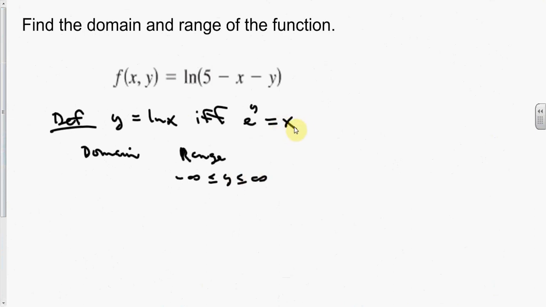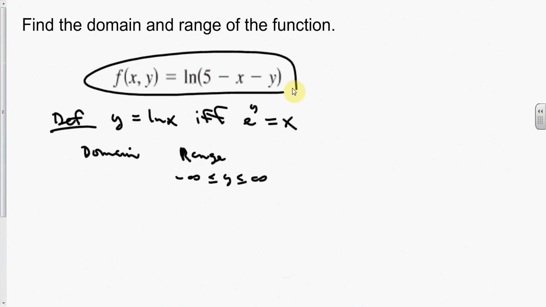Now x, that's where I have the problem on x. X cannot be certain numbers. Do you know what they are? Well, I'm not thinking about this guy for right now. I'm looking at just the definition. So from the definition, I can build the range and domain.